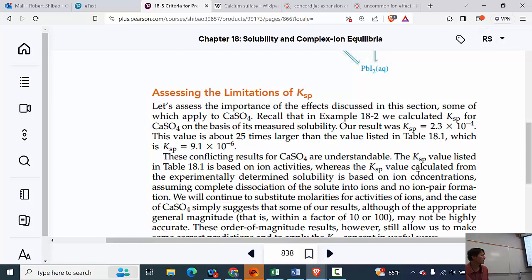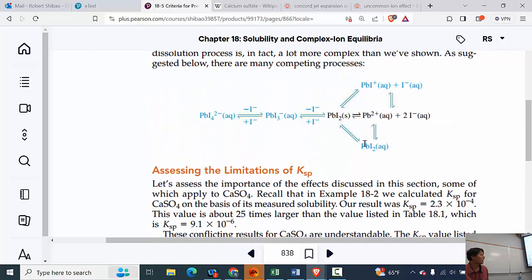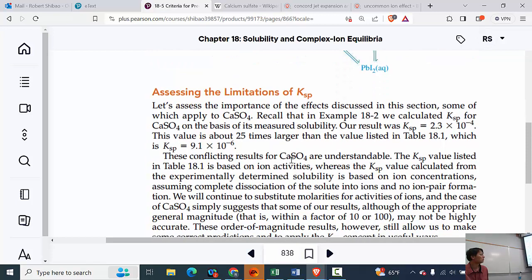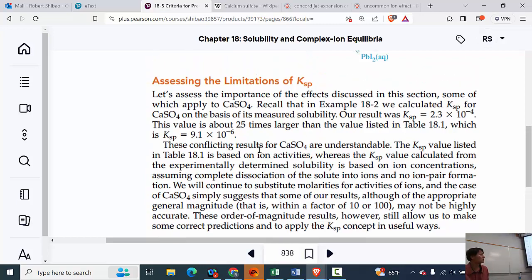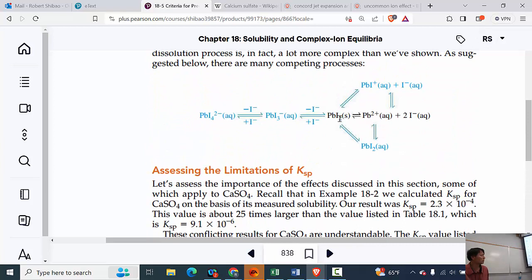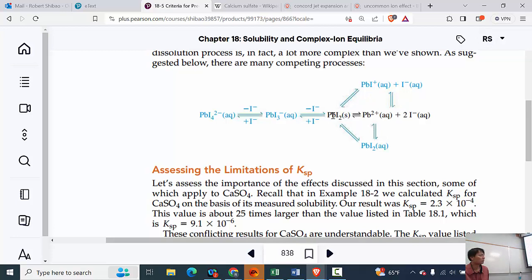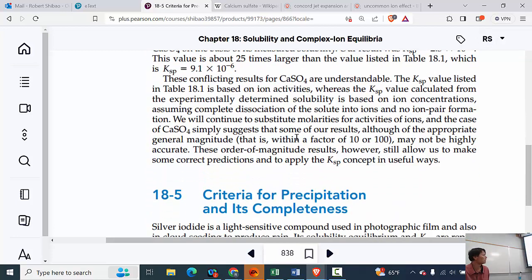So it is based on ideal ion concentrations, like the black here, ignoring all the blue. I don't know, that seems wrong to me, because solubility, if it's experimentally measured, should just measure how many grams dissolve, regardless of what species it forms. But I'm not going to worry about it too much right now.